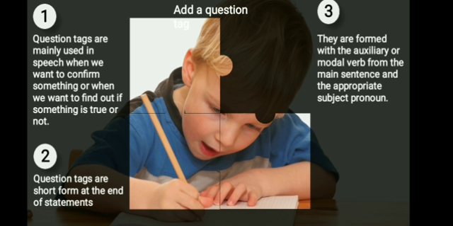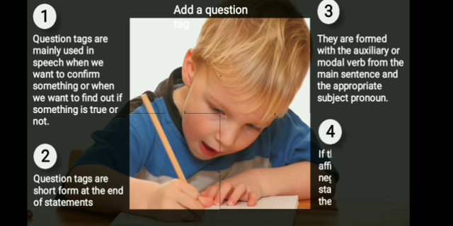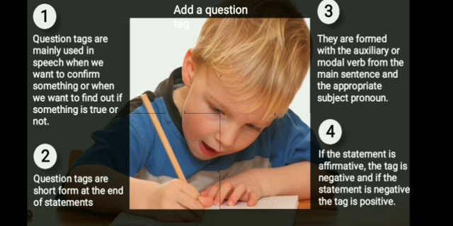They are formed with the auxiliary or modal verb from the main sentence and an appropriate subject pronoun. If the statement is affirmative, the tag is negative, and if the statement is negative, the tag is positive. Keep these points in your mind, and I'm sure you will never make a mistake while adding a question tag to a given statement.